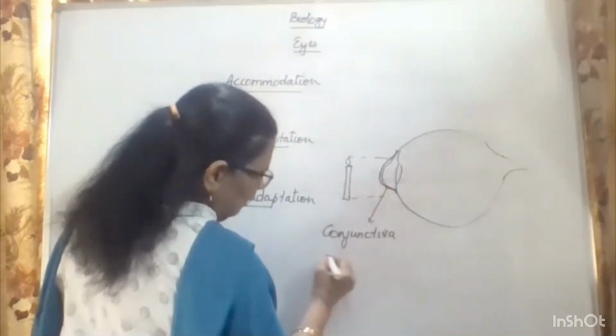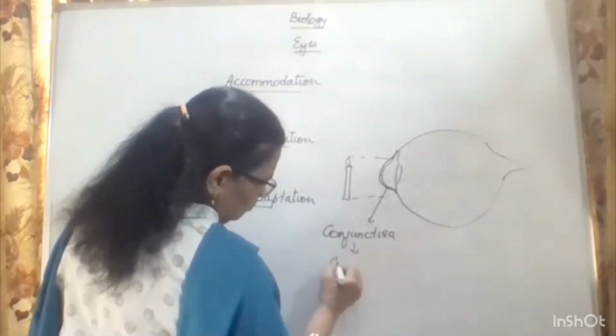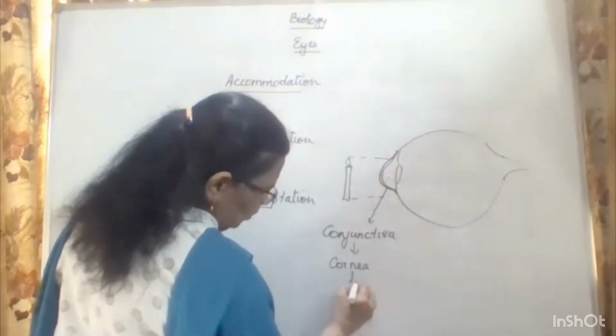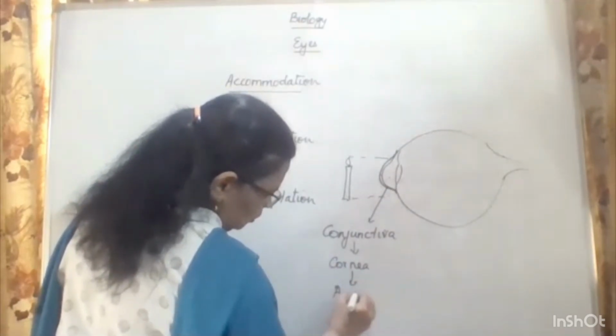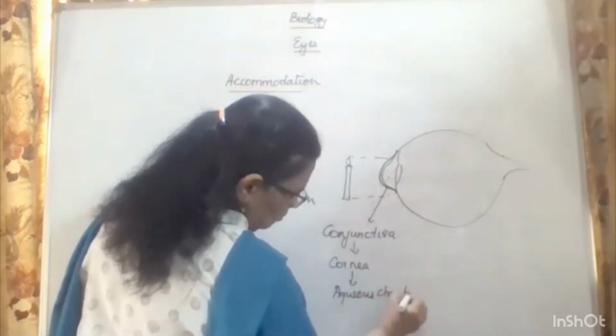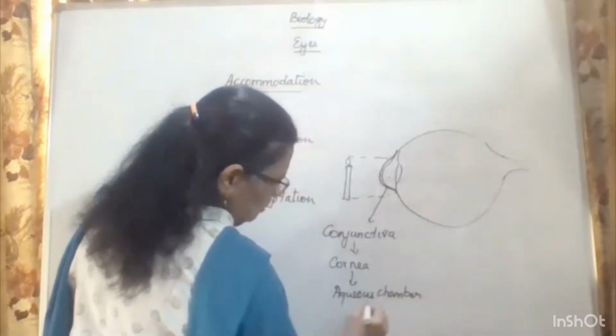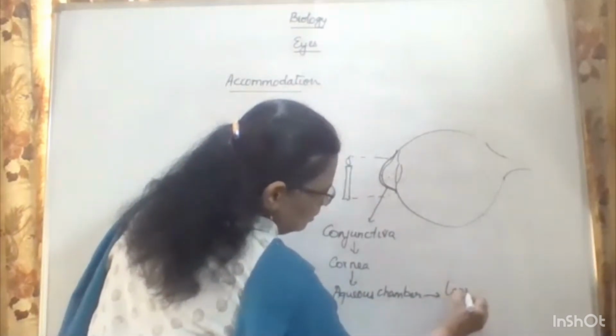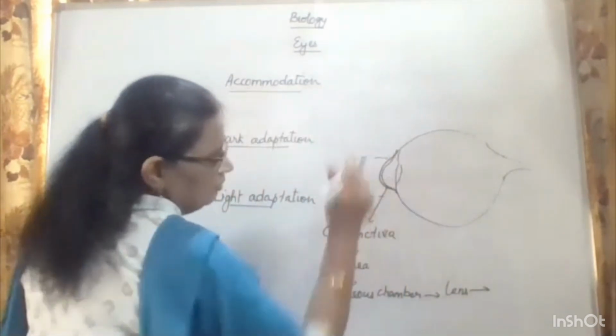Then we have the cornea. After the cornea, we have the aqueous chamber. After the aqueous chamber, we have the lens. After the lens, we have the vitreous chamber.